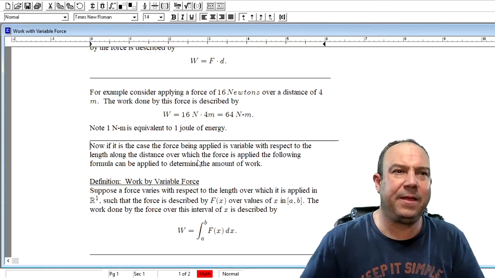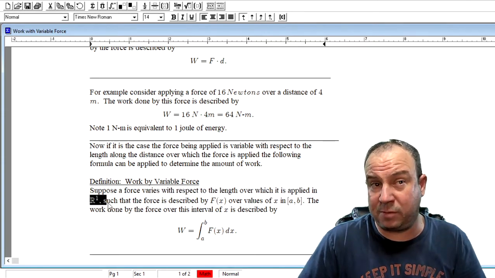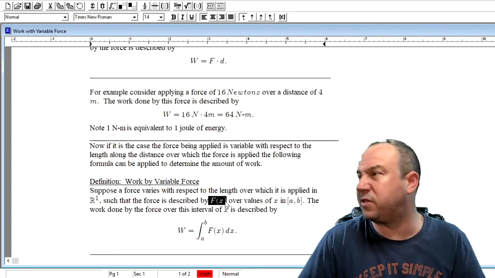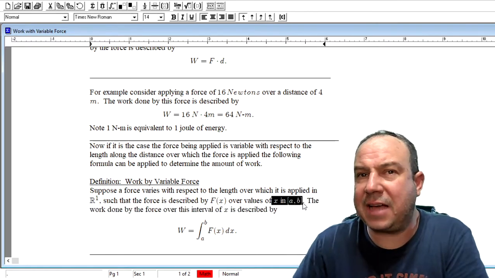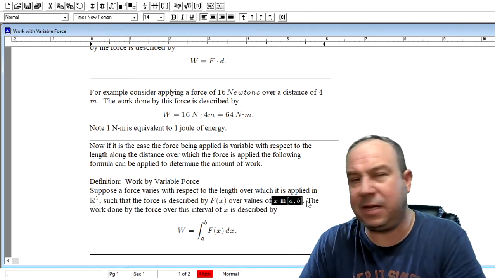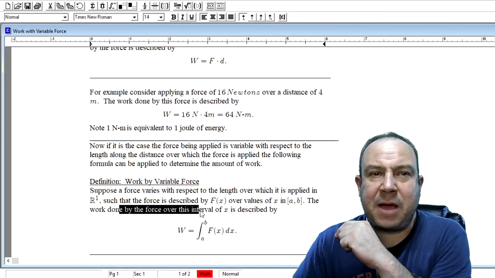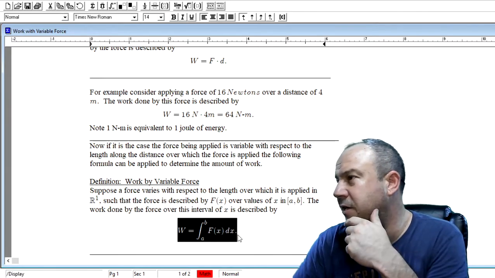All right. Suppose a force varies with respect to the length over which it is applied in one dimension, such that the force is described by the force function F of x over values of x in the interval from a to b. If this is our setup, the work done by the force over the interval of x is described by the integral calculation seen here.